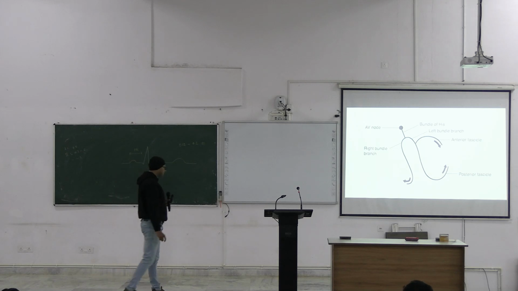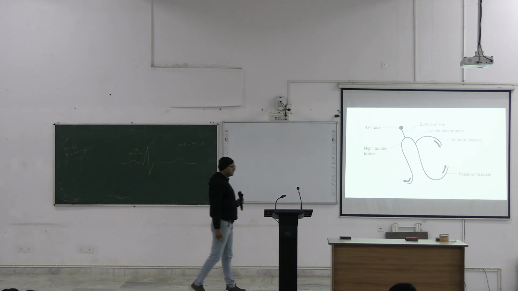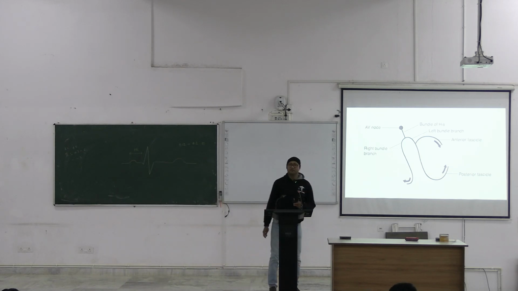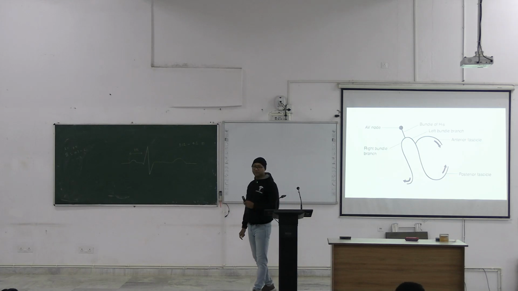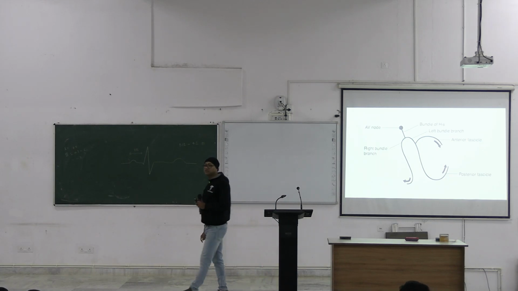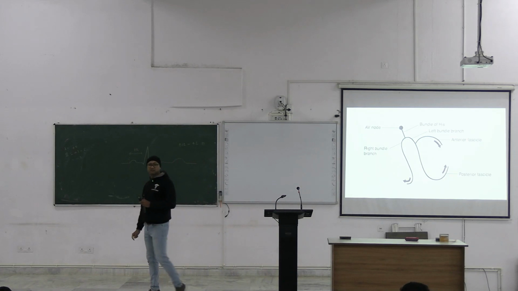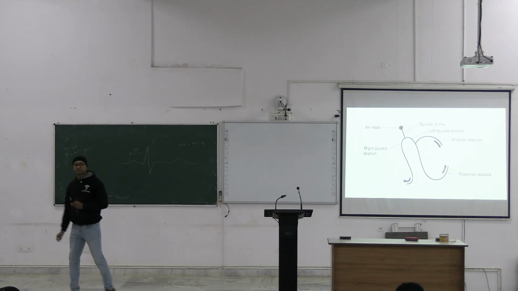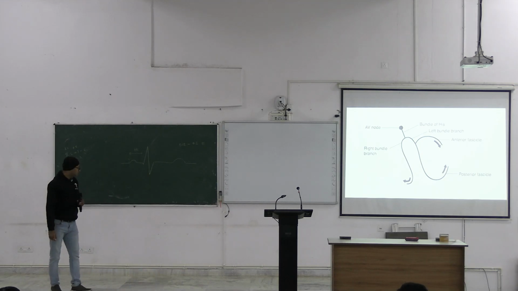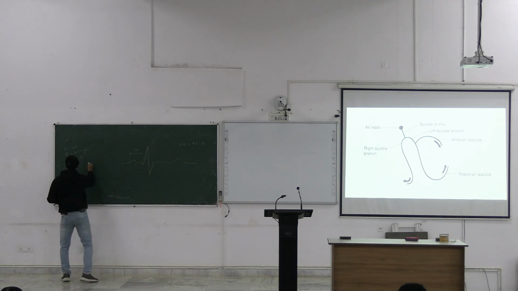In the x-axis, we see times, right? So 0.12 second means how many small squares? 3 small squares, because one small square is equal to 0.04 second.